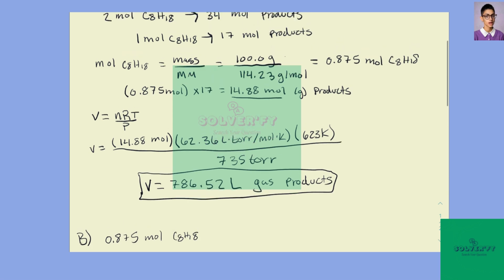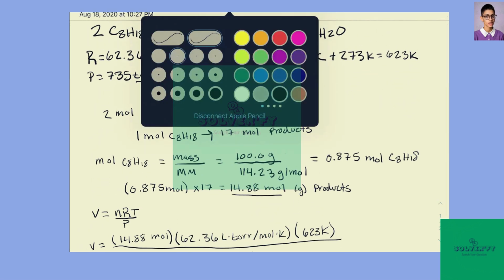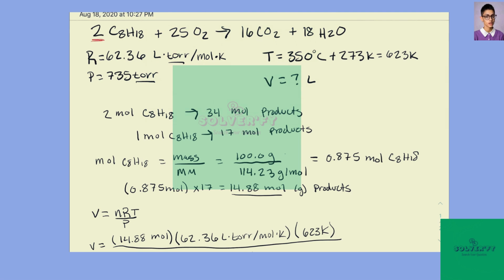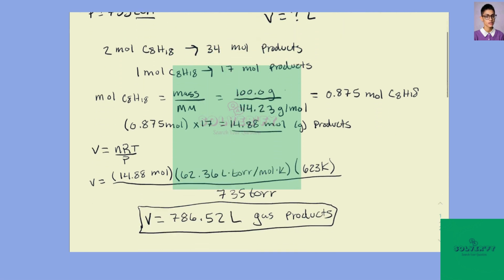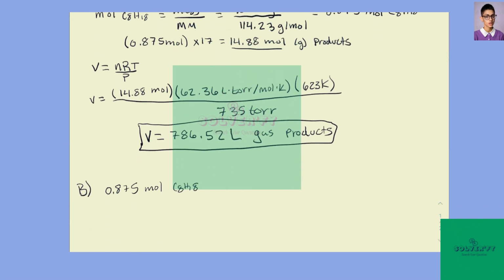And we know from our balanced equation that for every 2 moles octane, we have 25 moles of O2. So we're going to take 25 for the moles of oxygen divided by 2 for the moles of octane, and times that by our moles of octane, so that we get the moles of O2. When we calculate this out, it's going to be 10.94 moles of our O2.